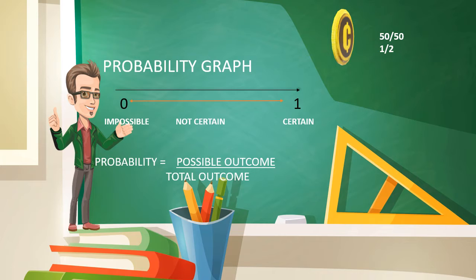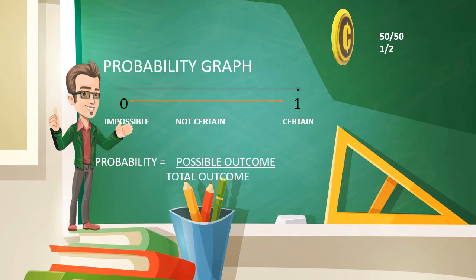And if you remember the formula, the possible outcome for the tail in a coin is only 1, and the total outcome, or we can say the total sides of a coin, is 2, which gives us 1/2. And this would fall in the middle of the probability graph, meaning any of the two can actually happen.